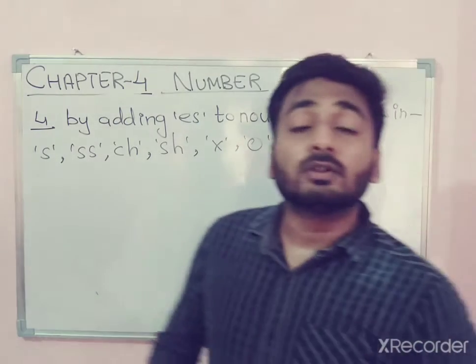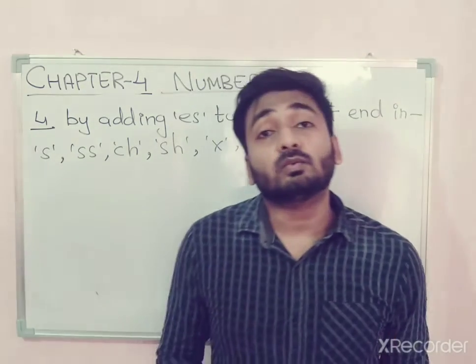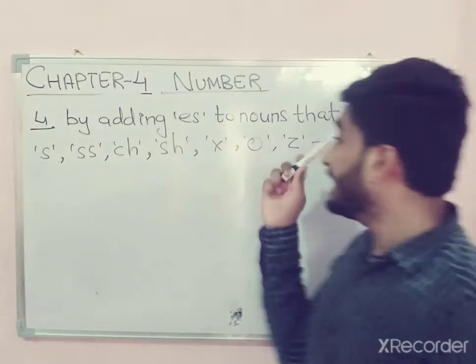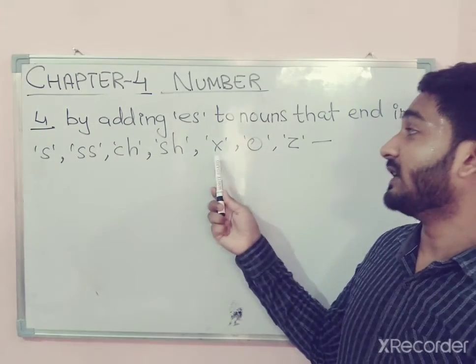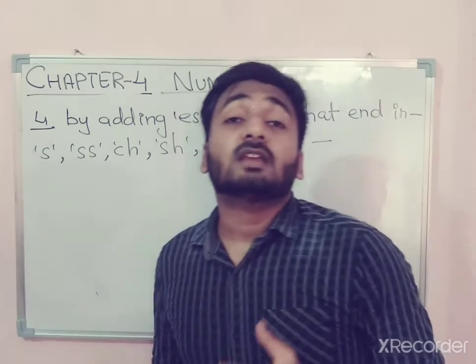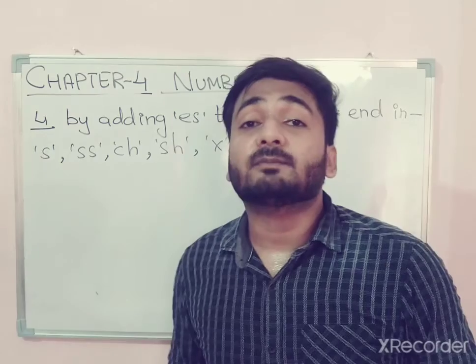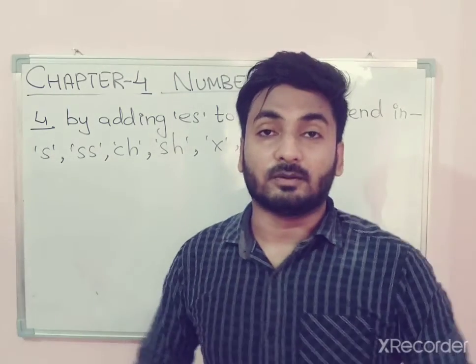According to this rule number 4, the nouns which end with s, ss, ch, sh, x, o or z, we add es in the last when we are making their plural form.